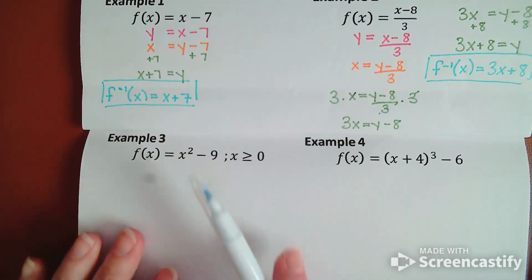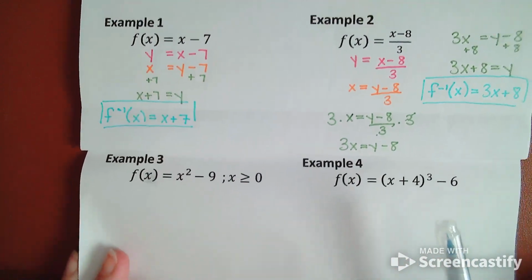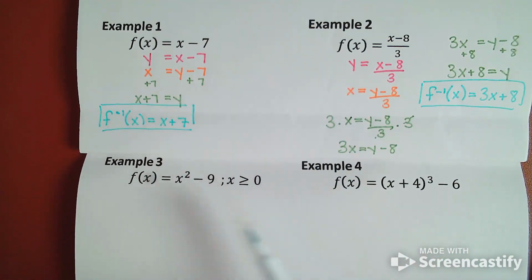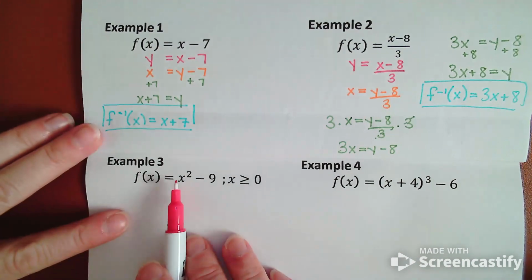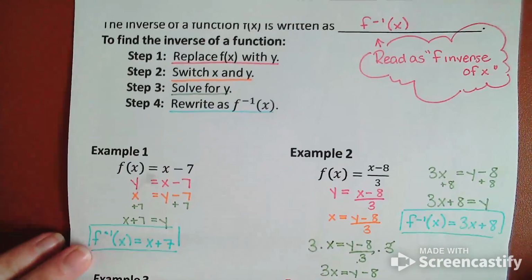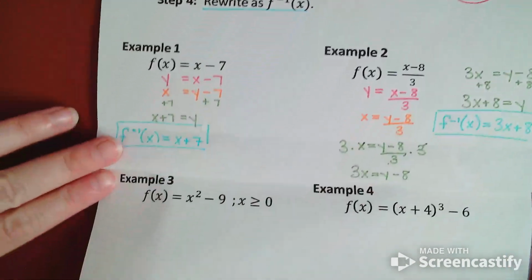The first 2 examples were linear functions, but these have a little bit larger exponents that we're going to be looking at. And so we need to be able to work with the opposite operations. So let's go ahead and try this example number 3. Again, start by replacing f of x with y.